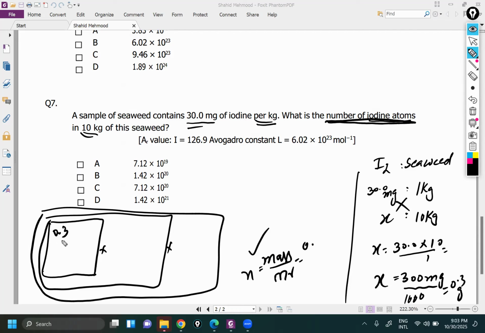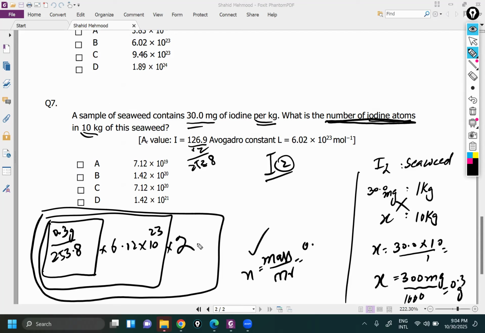So let's put it here, 0.3 gram. Now the Mr of iodine, this is the mass of one iodine atom but times 2, so it will be 253.8. So mass over Mr, 253.8, times Avogadro's constant 6.02 times 10 raised to the power 23. Now in iodine, there are 2 atoms in one molecule, so times 2.